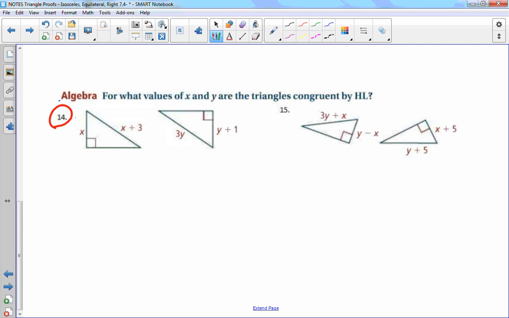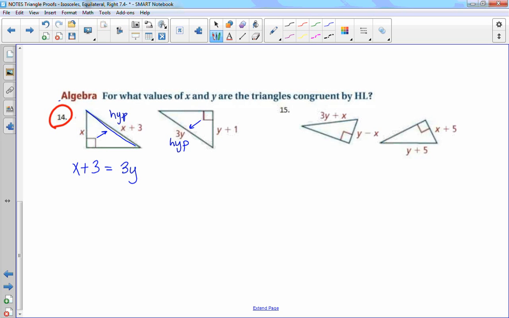Are these right triangles? Yes, so we can start with the hypotenuse length. So the hypotenuse, I need to learn how to say that, is congruent. What's the hypotenuse on the other triangle? 3y. So these two, if they're in fact congruent triangles, should be equal to each other. So I'm going to take x plus 3 and set it equal to 3y. So they're congruent parts. Write it down for this 14.